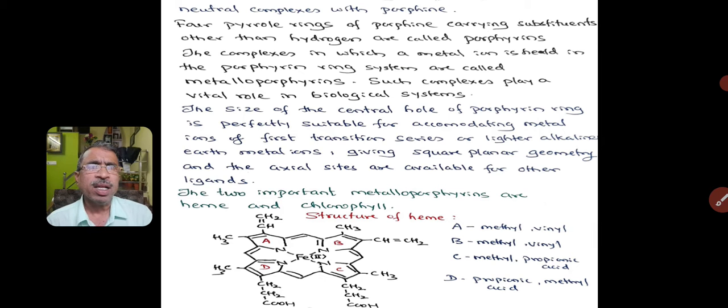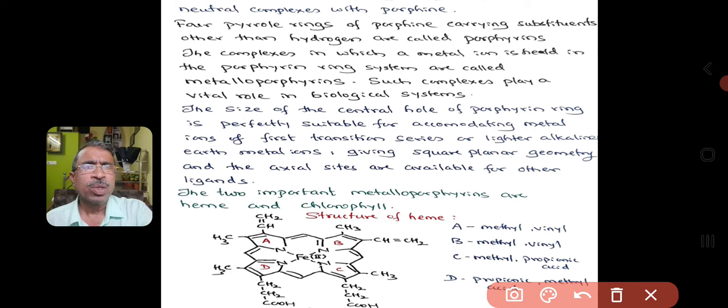Coming to the first one, the structure of heme. In the structure of heme, we have four pyrrole rings. A is a pyrrole ring, B is a pyrrole, C and D are pyrrole rings. Now in the A ring, we have a methyl and vinyl group.